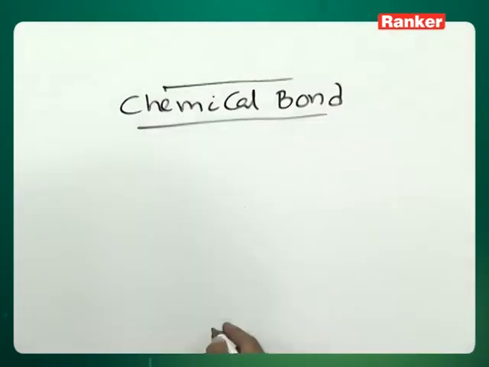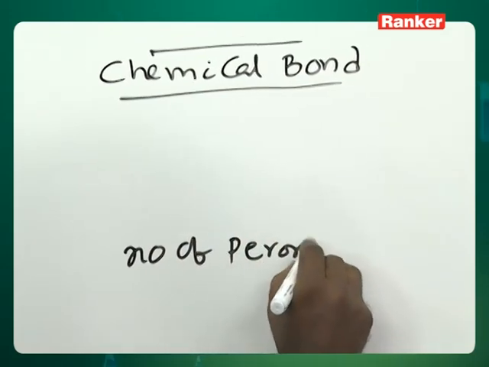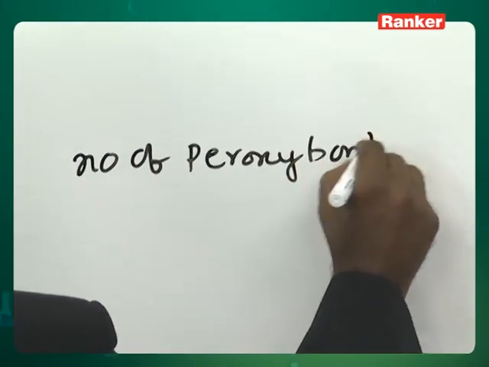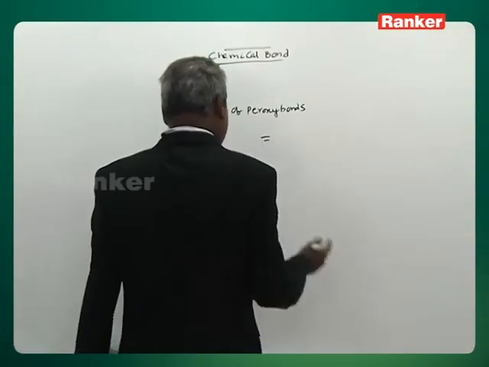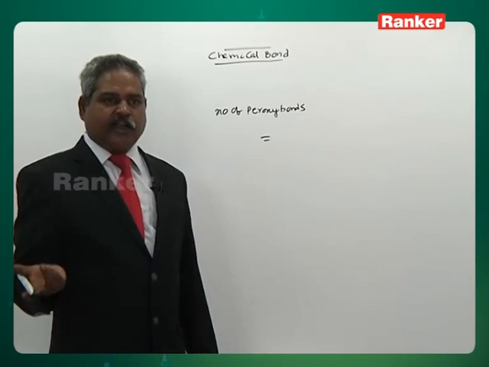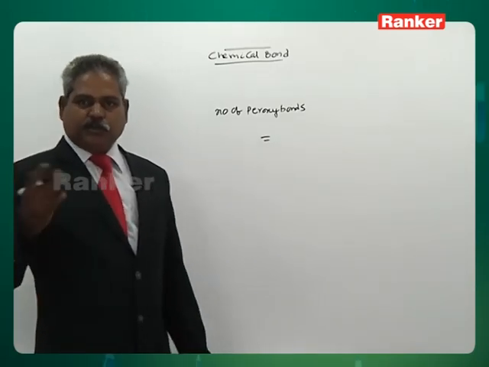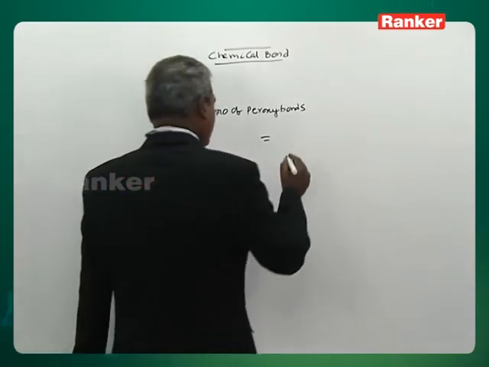CrO5. So, the number of peroxy bonds is equal to... You don't need much of a formula. It is common sense. The demand made by oxygen is for 10 electrons. The demand chromium can meet is 6. So, oxygens must look out for 4 more.